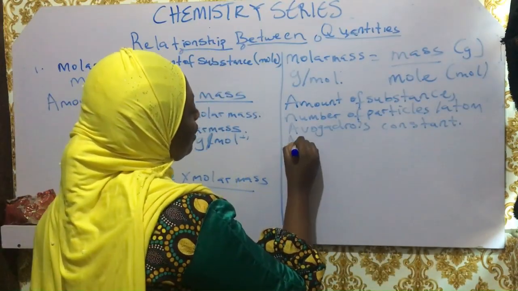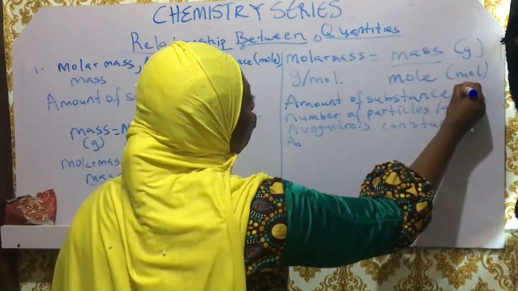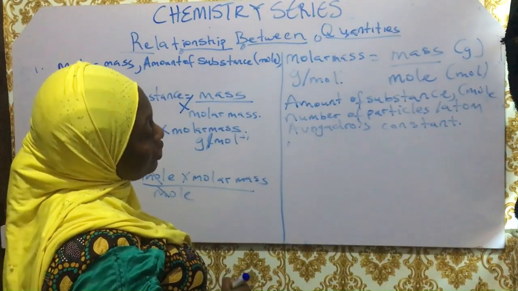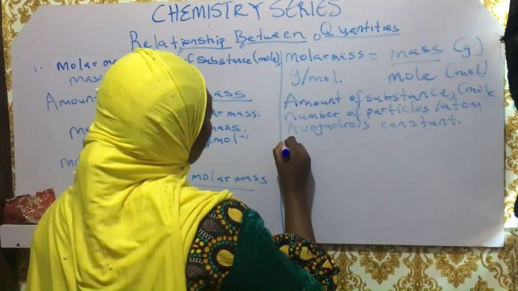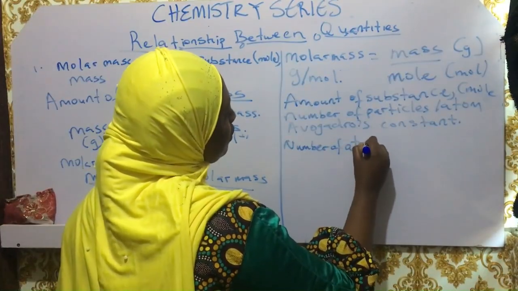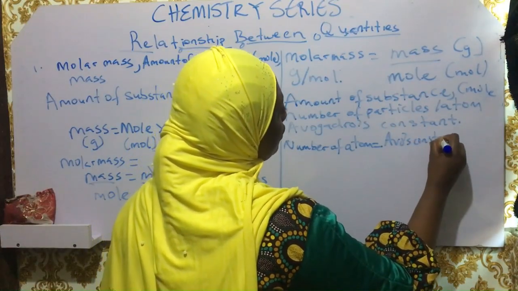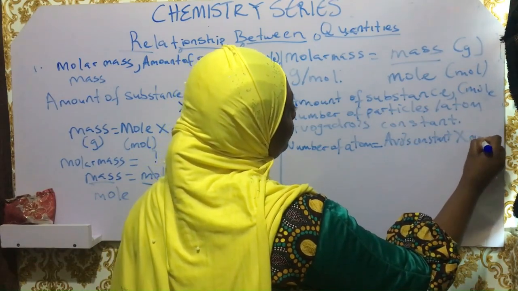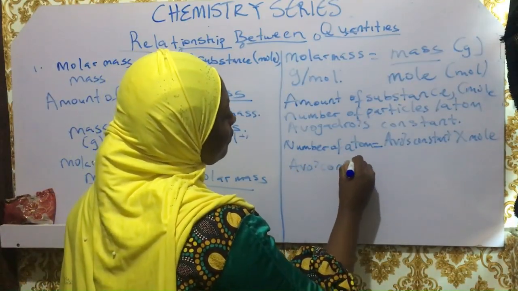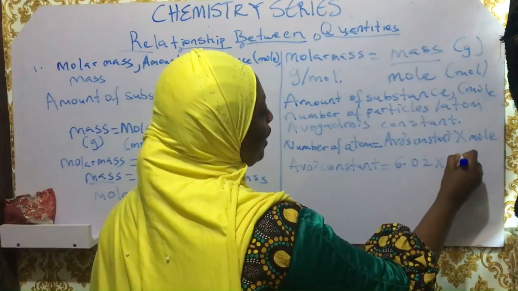Now, amount of substance, which is also known as mole, and we also have number of particles or atoms, and we have Avogadro's constant. The formula for calculating number of particles or atoms is equal to Avogadro's constant times mole. And Avogadro's constant has a value of 6.02 times 10 raised to power 23.